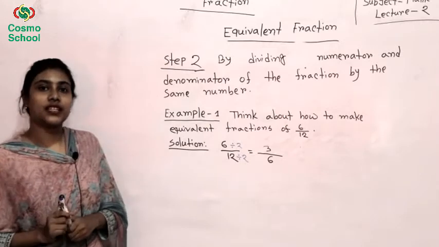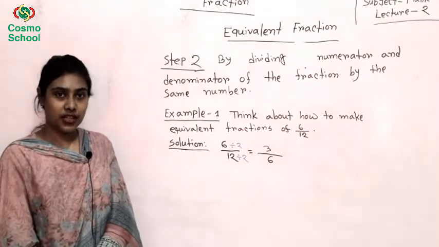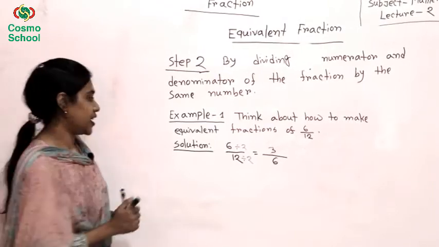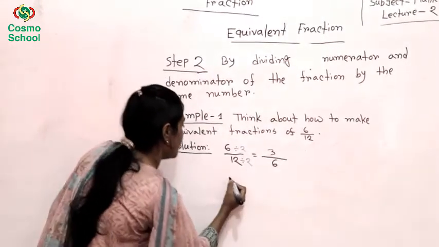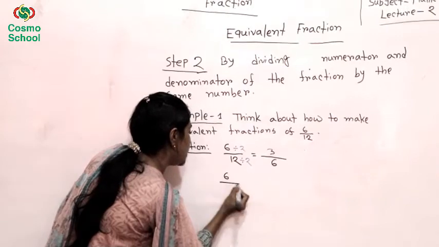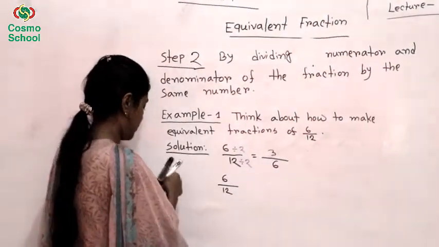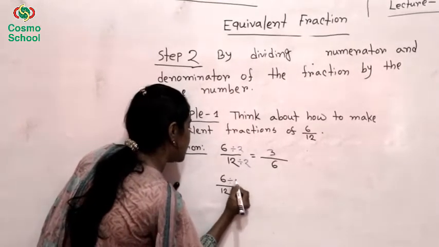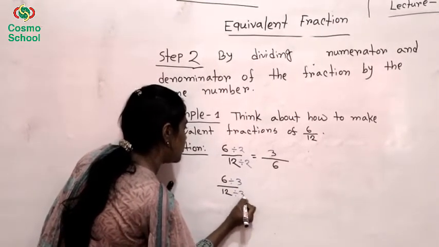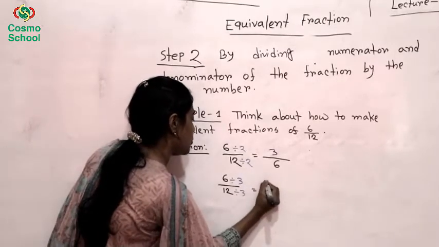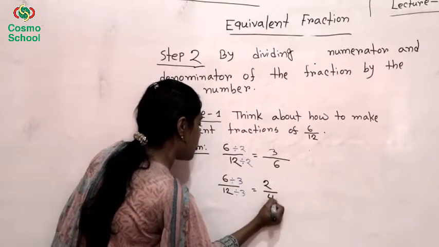But in this section all students should know the times table very well. Again, 6 divided by 12 is divided by the same number, 3, and we get the result 2 divided by 4.